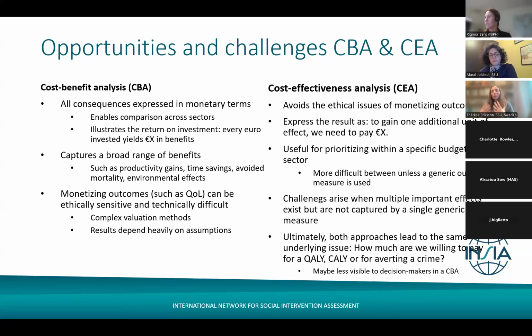My personal opinion is that this may be more or less transparent in a cost effectiveness analysis than in a CBA, but a CBA, on the other hand, might be easier to understand, just getting a number showing, okay, this is cost effective. We don't have to make this trade-off ourselves, but maybe it's also good that the decision makers have to decide how much we are actually willing to pay for an extra unit of outcome.